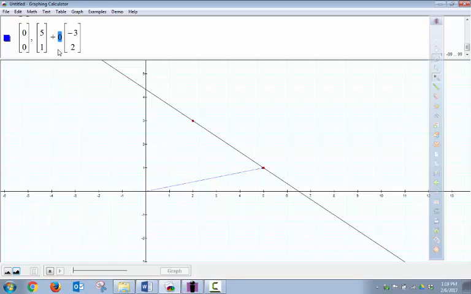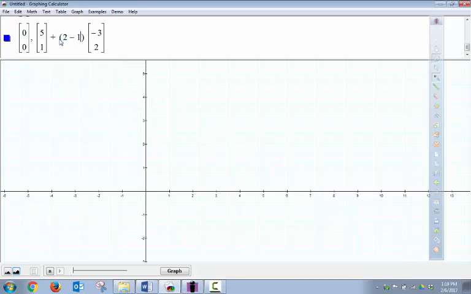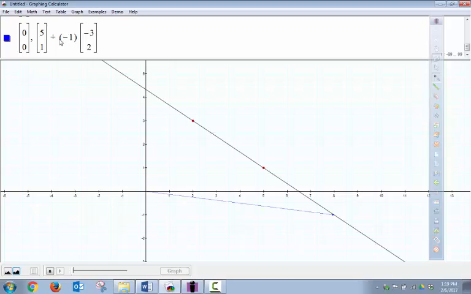When t is equal to 1, I'm at the other point. So this is what I want to animate. When t is equal to 1/2, we're in the middle between those two points. When t is equal to 2, we're over here. When t is equal to -1, we're down here. So those are the points that we've identified in our drawing.